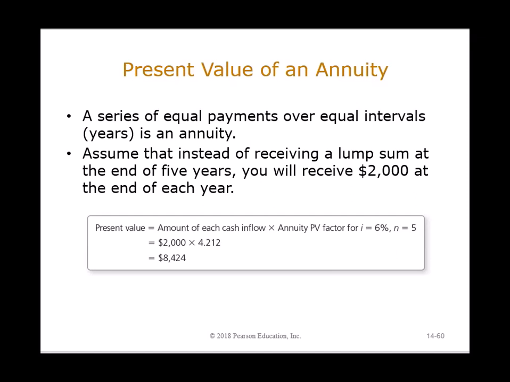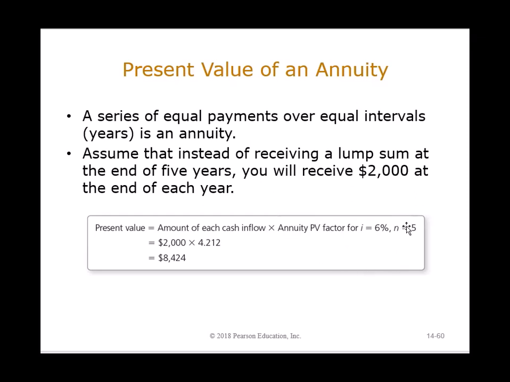So this time they say we're going to receive $2,000 at the end of each year, and that we're still assuming the 5 years and the 6%. So now we want to know what the present value is. Well, this time our amount is the $2,000, and we find the present value factor of an annuity. Now this time we have to use the annuity table, but it's still the same approach.